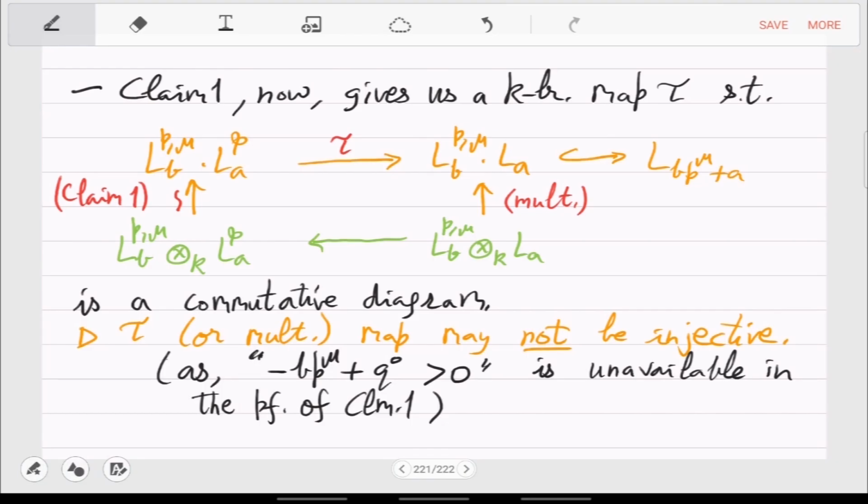There is no phi present, so you can't run that proof here. So claim 1 only applies on the first vector space, not on the second vector space. So the multiplication may not be injective, and hence tau may not be injective. And what this will give us is the possibility of a polynomial G such that tau G is 0, and that is what will prove the Riemann hypothesis.